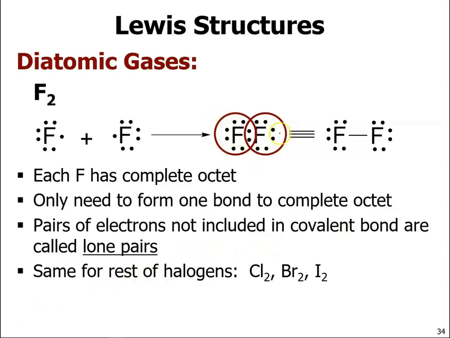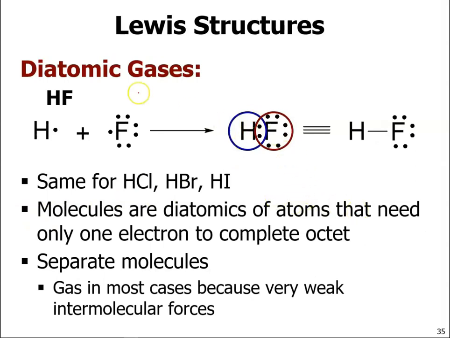This is the same exact structure that you're going to see for chlorine, bromine, iodine. You're just basically replacing the F here with the Cl, Br, or I. Because they're in the same column on the periodic table, they're going to have that same Lewis structure for the diatomic gases. We can also have diatomic gases which are different types of compounds.